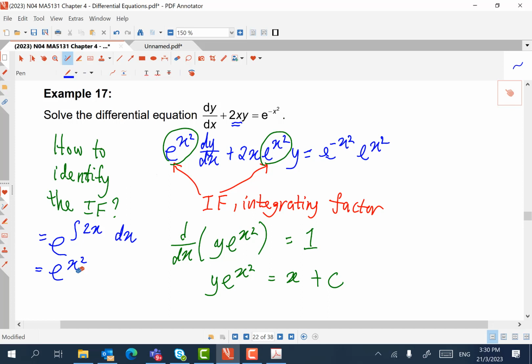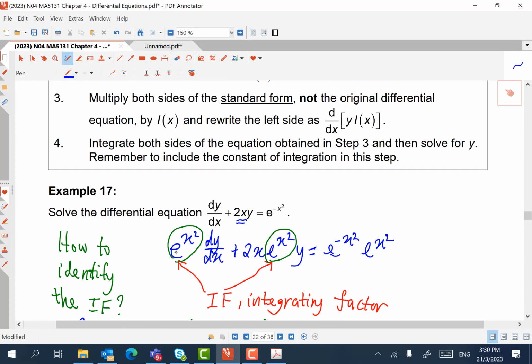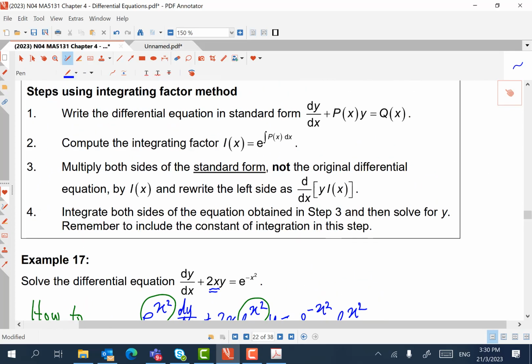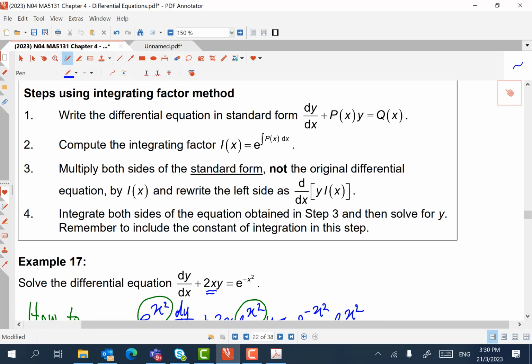The common mistake among students in this topic is that before you can do the steps that I've just described, you must always rewrite your DE so that it is a single dy/dx. Then whatever appears in front of y will be integrated to find your IF.